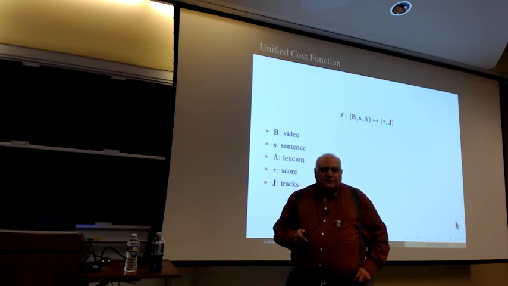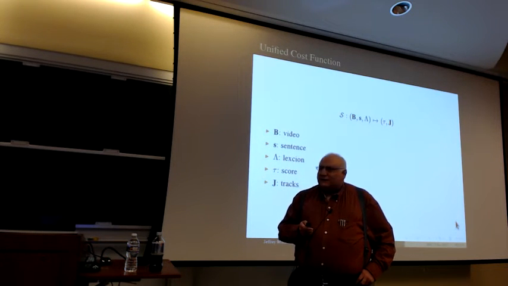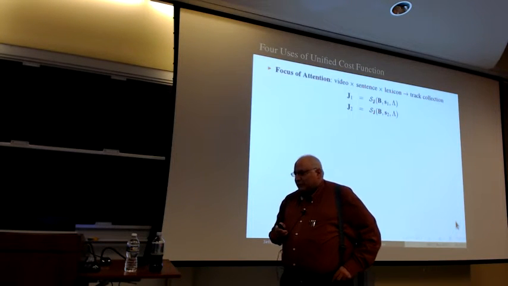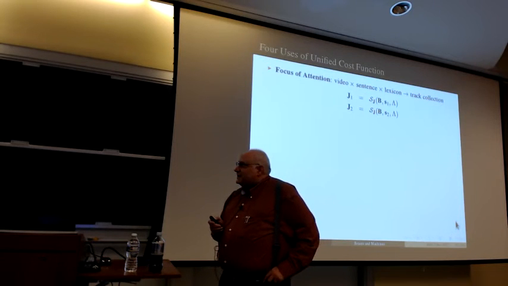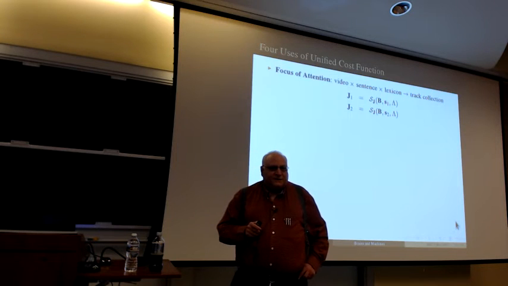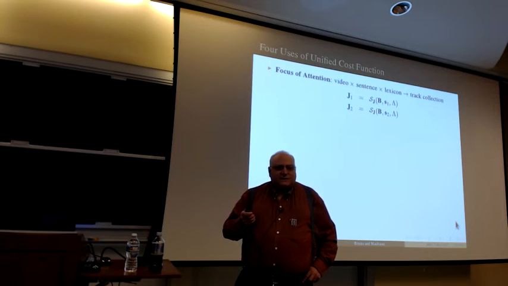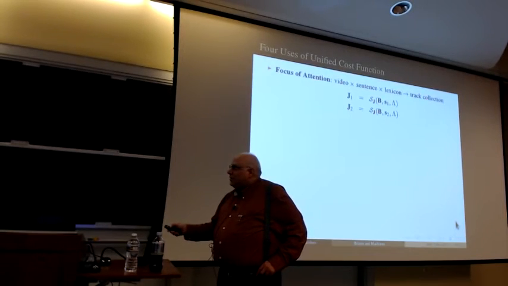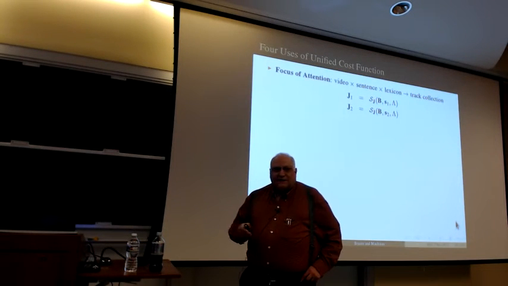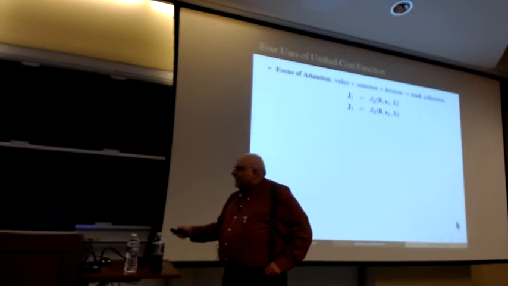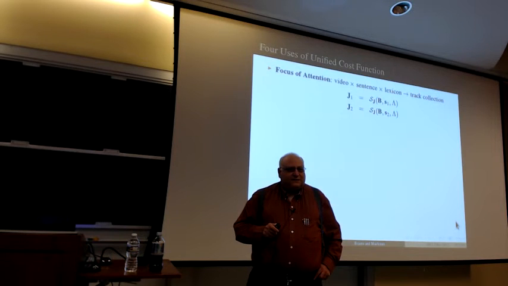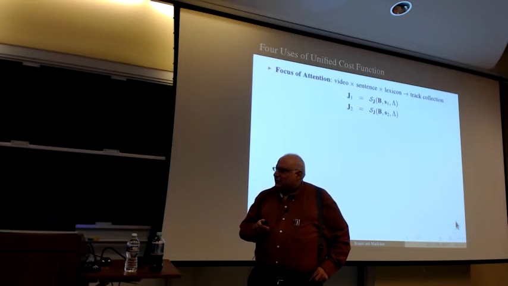It's a cost function, and we can do multi-directional inference with this scoring function. And we can solve different problems. One thing we can do is focuses of attention. We can take a video as input, perhaps a complex video that depicts multiple activities occurring simultaneously, along with different sentences, and produce different collections of tracks that focus the attention of the tracker on the different participants that play the different roles in the sentence in question that are happening simultaneously in this video.